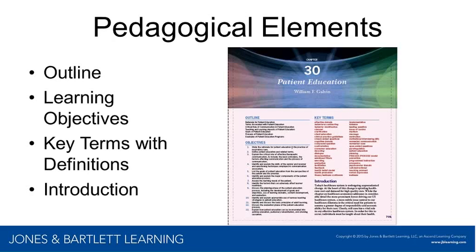Now, the outline is a very general content outline, and throughout the chapter, you'll find that we break that into a more detailed content outline, and there's more detail, of course, embedded within that. And then under it, we have the objectives. This one has somewhere in the area of, I think, 13 or 14 objectives. And then that's followed with the key terms, which you're going to see as being italicized throughout the chapter.